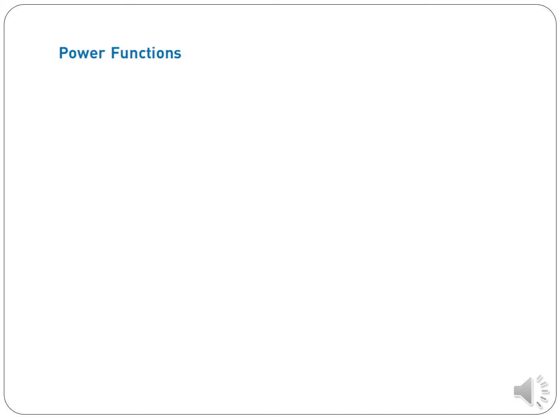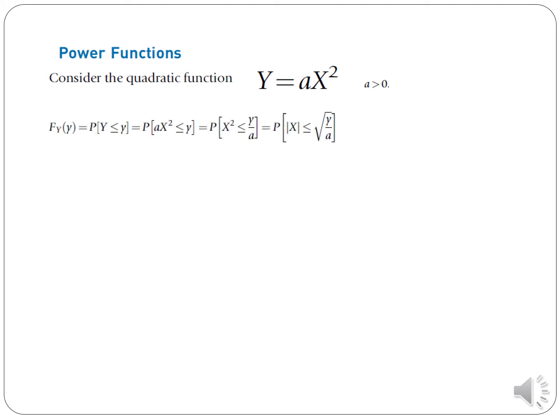Next we will consider the power function. Consider the quadratic power function, for example, y equal to a x square, which is valid for a greater than 0. For this function we will try to derive the CDF of y using these steps.